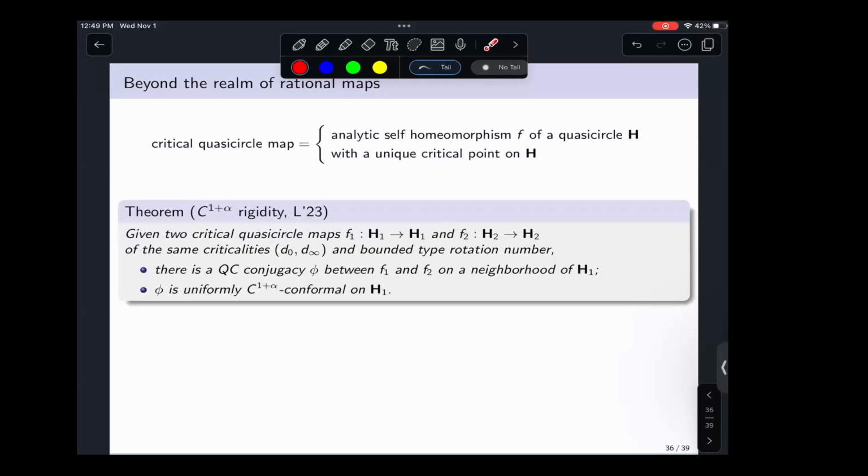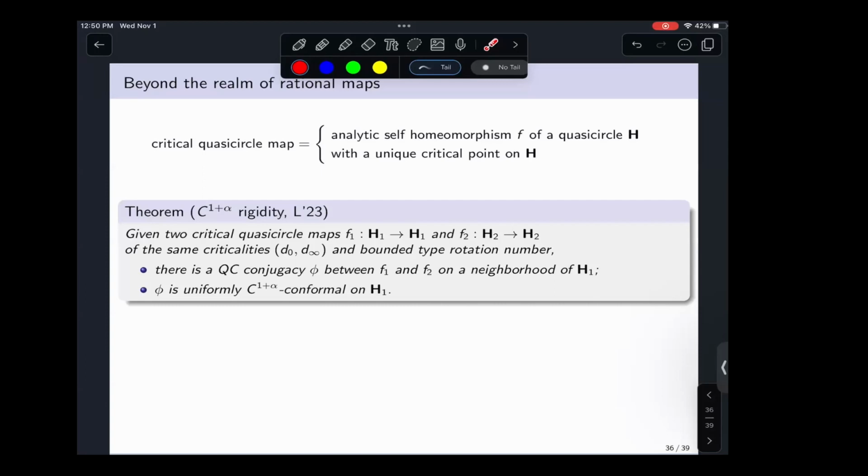Okay. And the rigidity results that I had before can be generalized as follows. If I have two critical quasicircle maps of the same inner and outer criticality, so the number of inner bubbles and outer bubbles attached at the critical point is the same, and the same Fowler type rotation number, then in fact they are quasiconformally conjugate on a neighborhood of their invariant quasicircle.